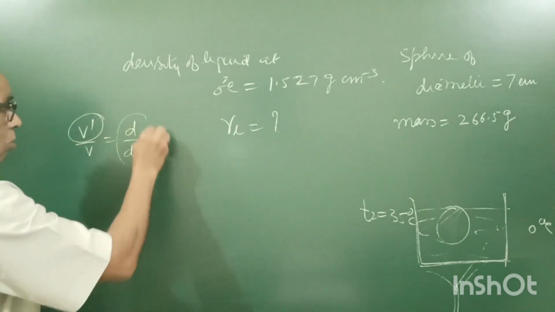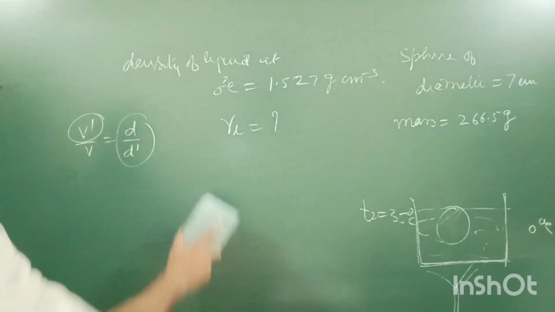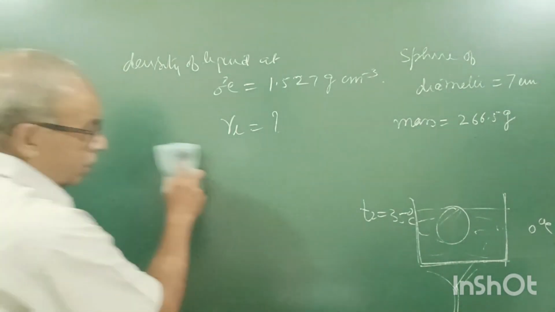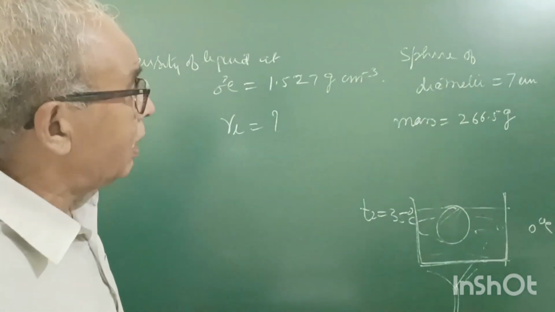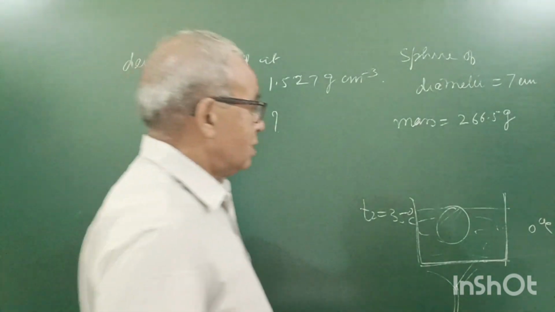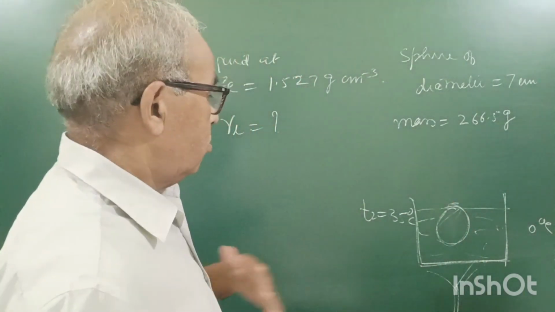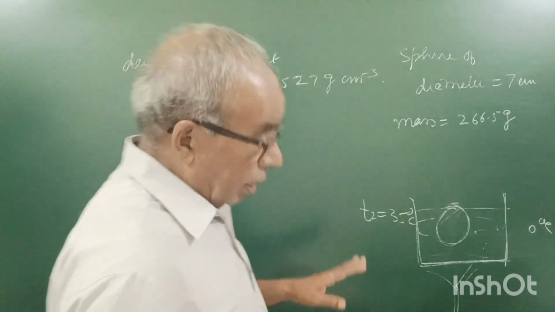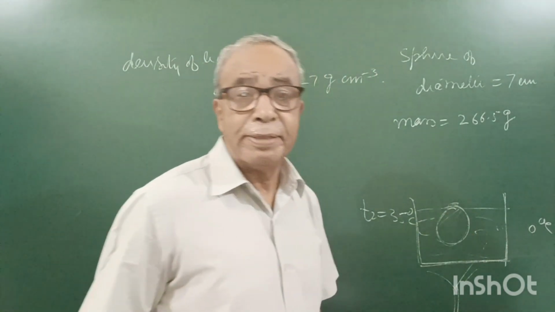If D dash equals D, then V dash equals V. When the density of a body floating in a liquid equals the density of the liquid, the body will float just completely submerged, and it sinks when the temperature becomes this. And here you are given that we neglect the expansion of the solid sphere.